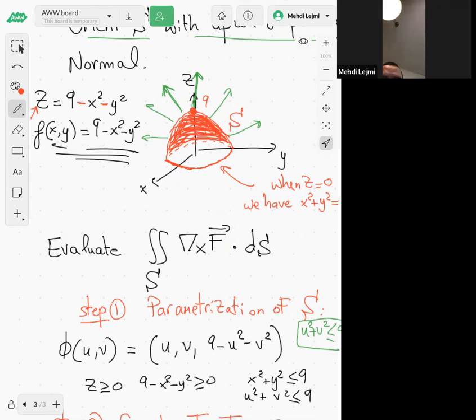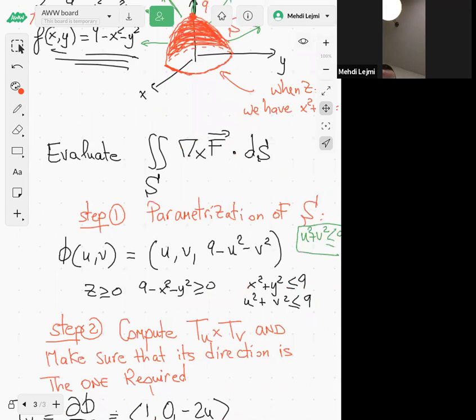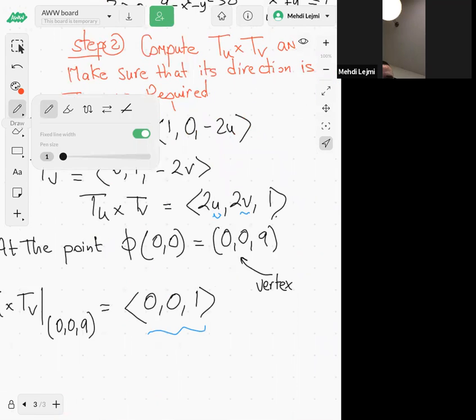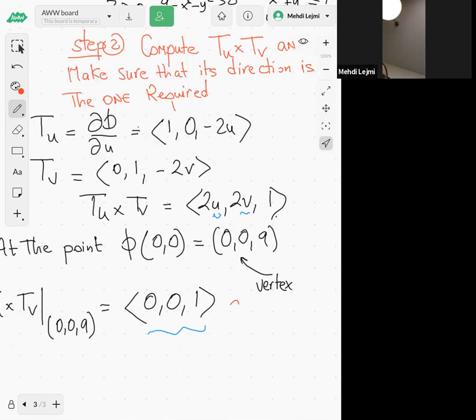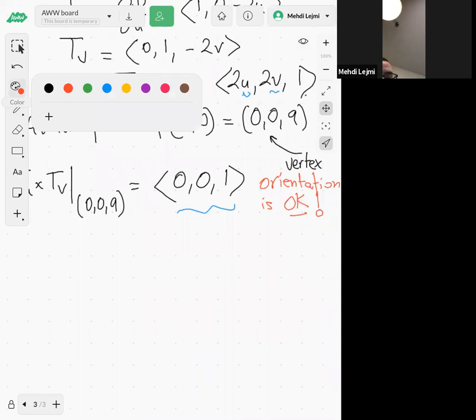So that would be this upward pointing vector, right? And that's exactly the orientation required in this problem. Okay, so the orientation is okay. So we can use this parameterization.